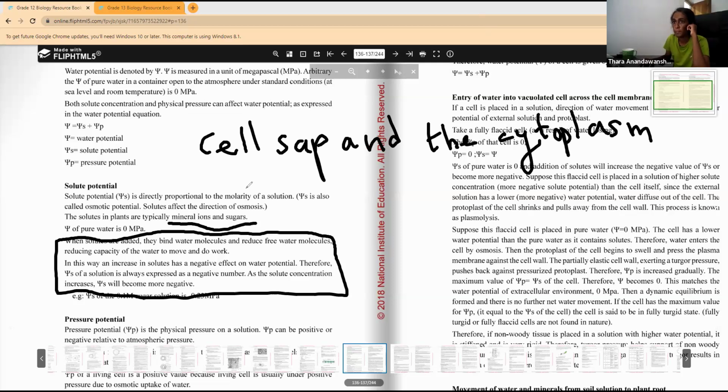Therefore, psi s value of a plant cell is usually a negative value.